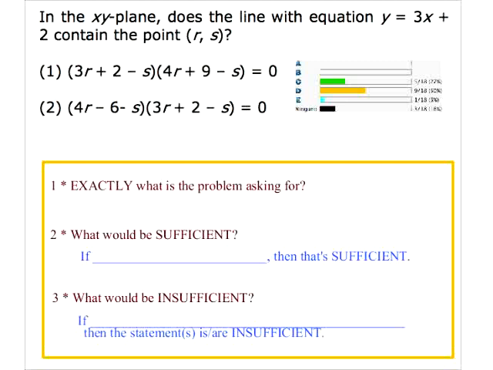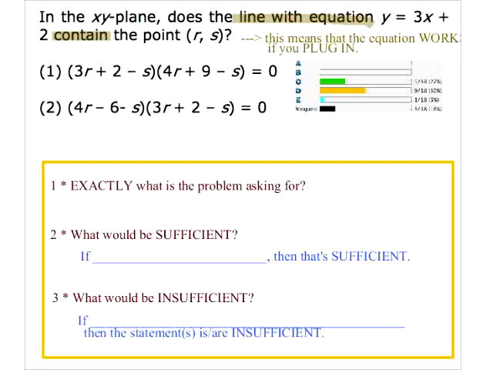Satisfying an equation means that if you plug into that equation, then it works. So if the line contains a point, what that means is that you can plug the point into the line, and it works. The equation works if you plug in.